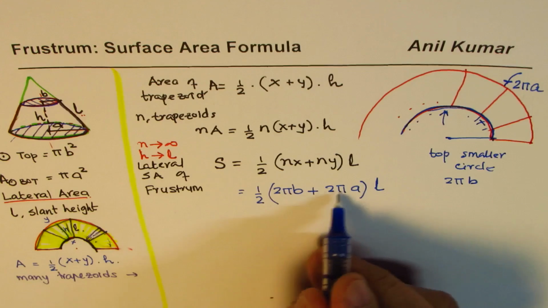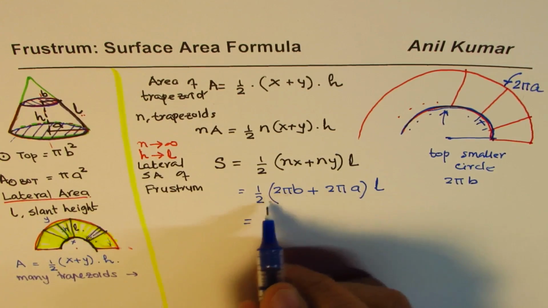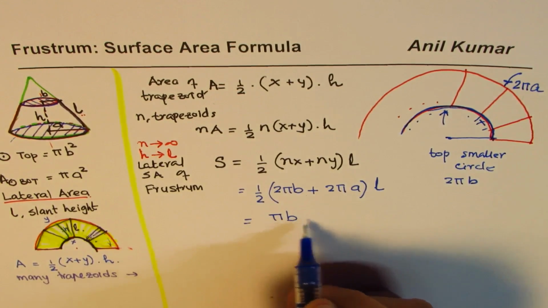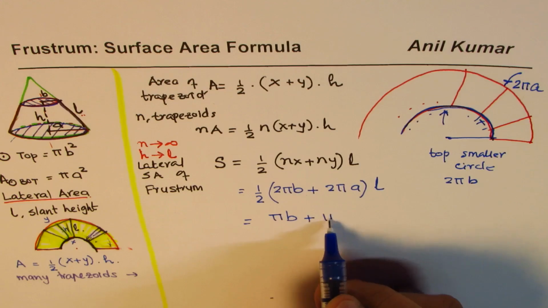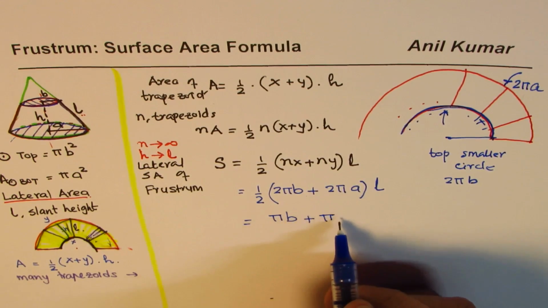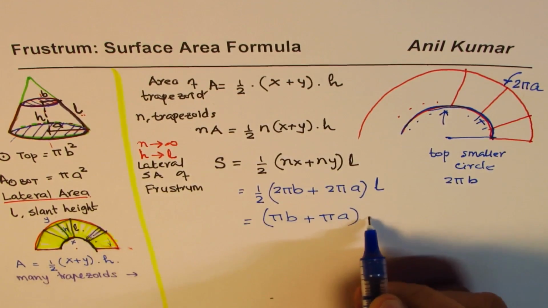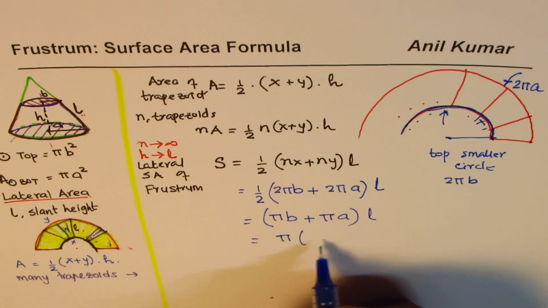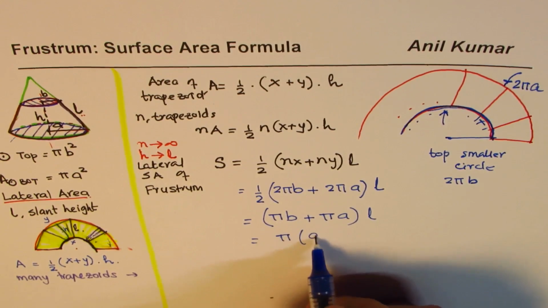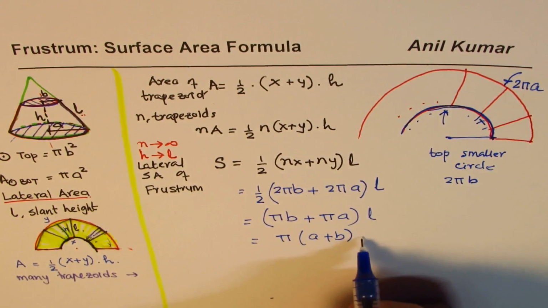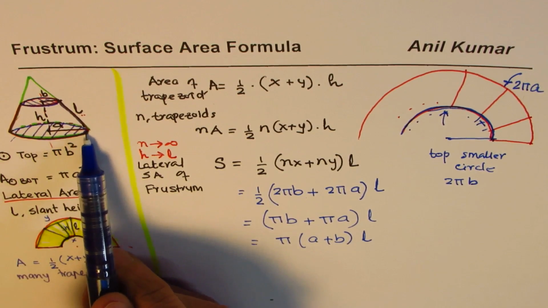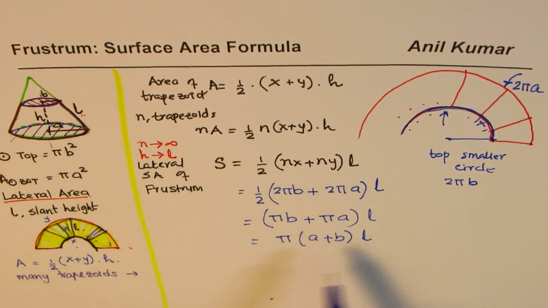And now we can cancel these 2's, or multiply by half. So we get pi b plus pi a times L. Or taking pi common, we get pi, a plus b or b plus a, one and the same thing, times L. Where a is the radius of one, maybe top or bottom, you could change it always.